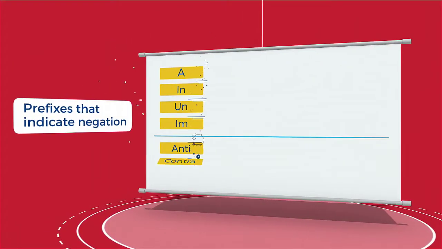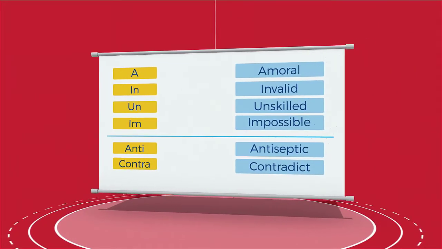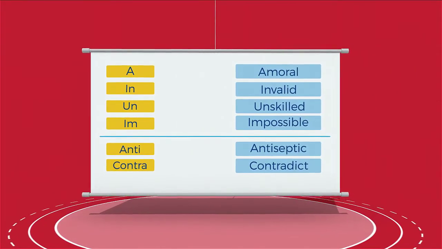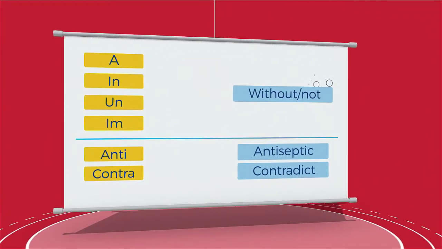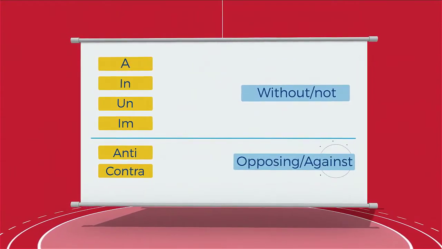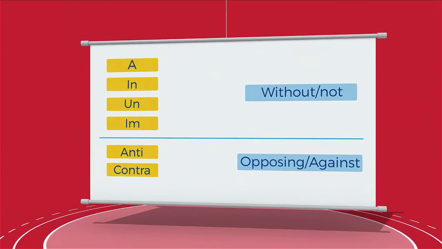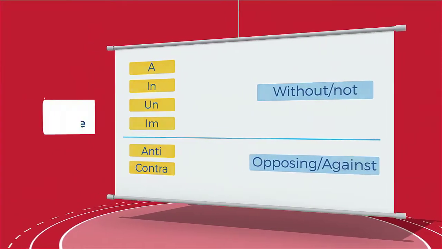Other prefixes are used to indicate negation. Words like immoral, invalid, unskilled, and impossible all include prefixes that mean without or not. Meanwhile, the prefixes anti and contra mean opposing or against, as in words like antiseptic or contradict.